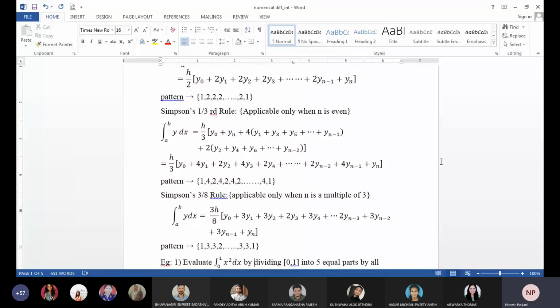So the trapezoidal rule is applicable to all values of n, Simpson's 1/3 is applicable when n is even, and Simpson's 3/8 is applicable when n is a multiple of 3.